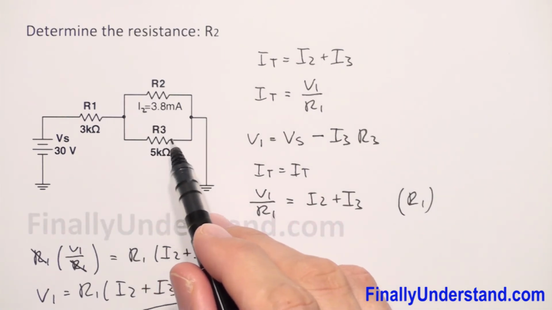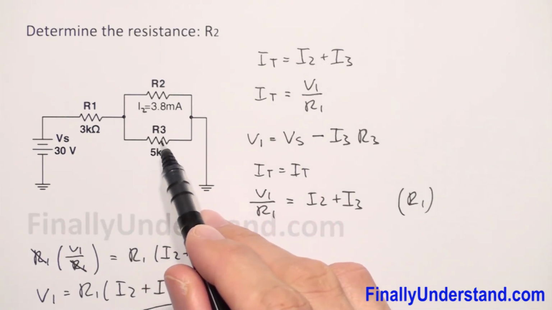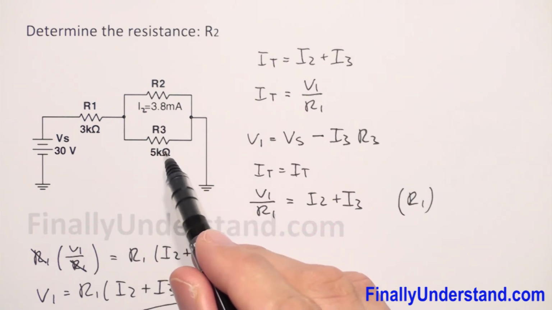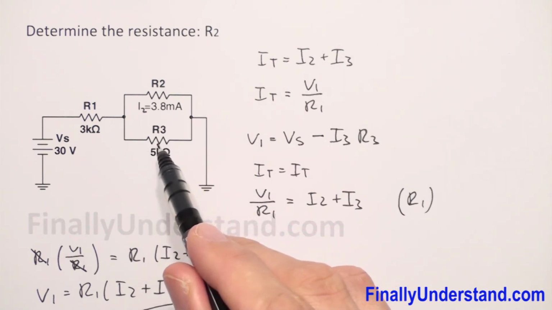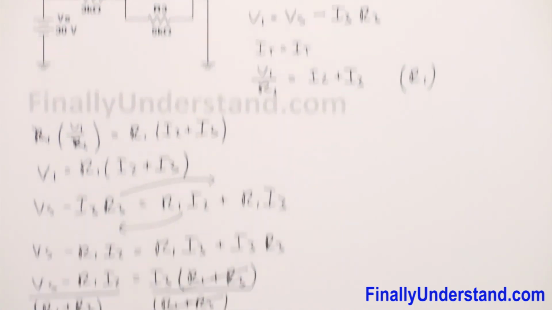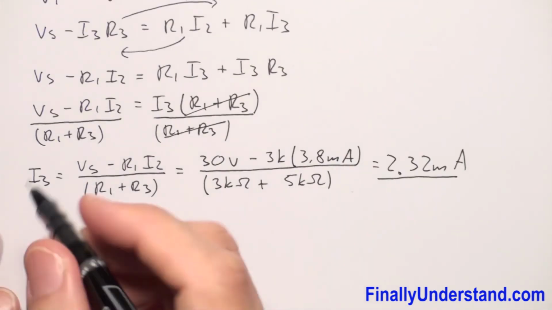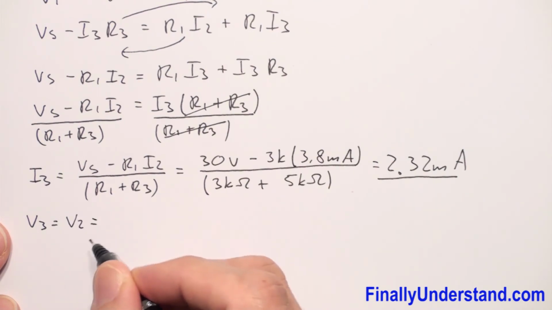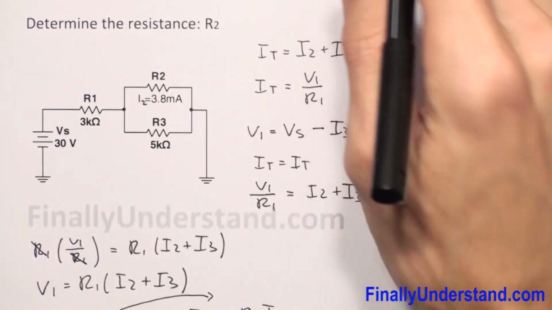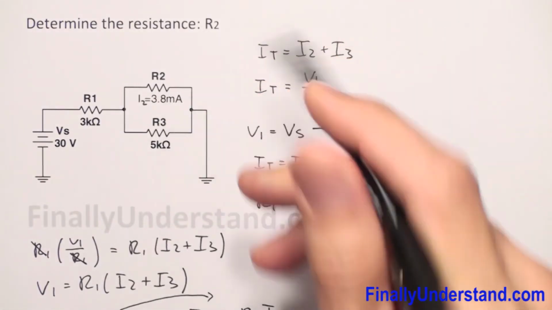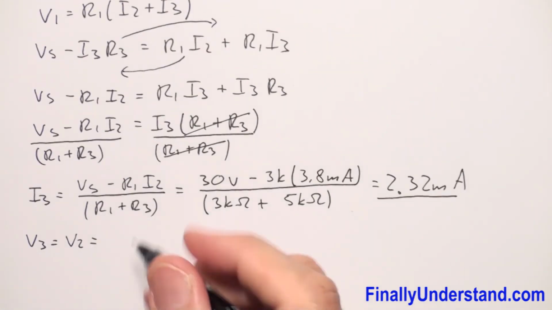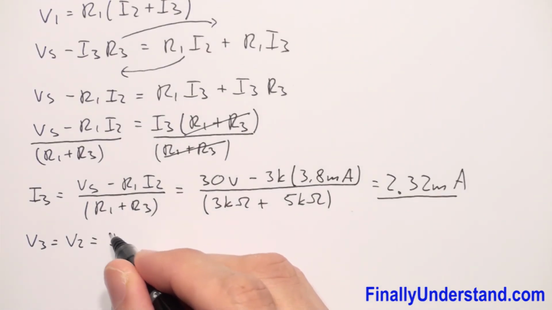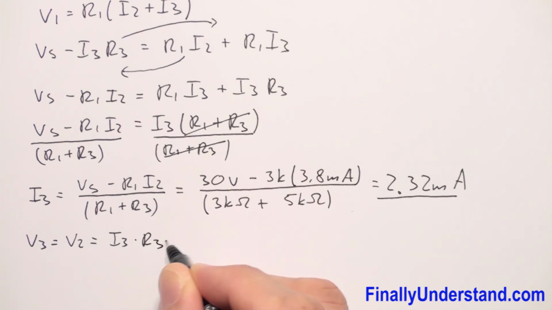If I know the current which goes through the resistor R3 and I know the resistance of that resistor, I can find the voltage across this resistor. So let's find V3, and realize that V3 is also equal to V2 because these two resistors are connected in parallel. So V3 is equal to I3 times R3.